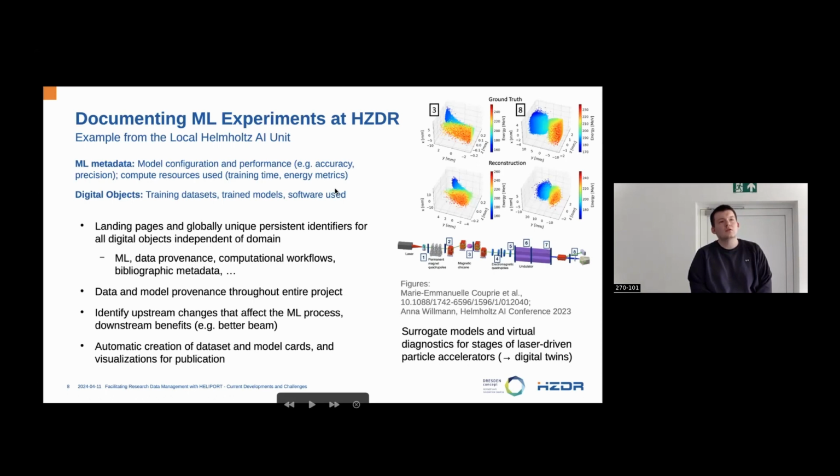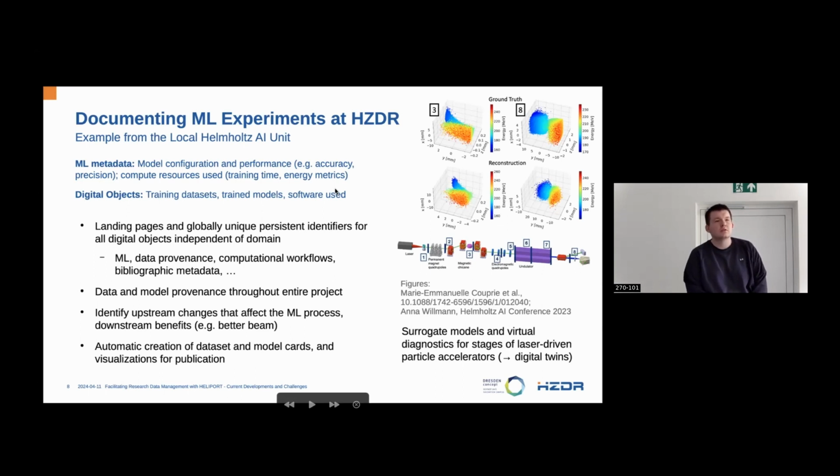And this would also allow us to identify upstream changes that affect how the ML model was trained, and also identify benefits. For example, if some model suggested better parameters which improve the beam.